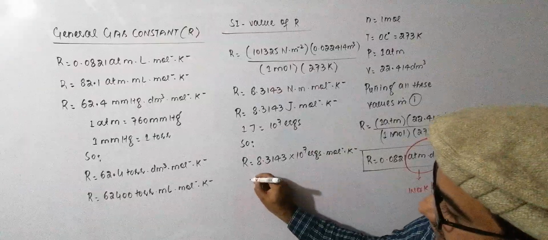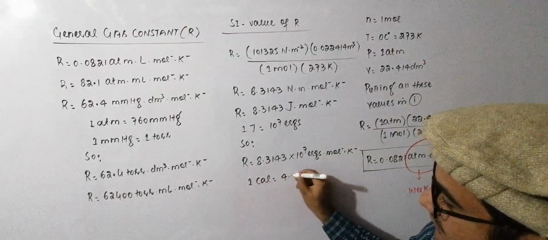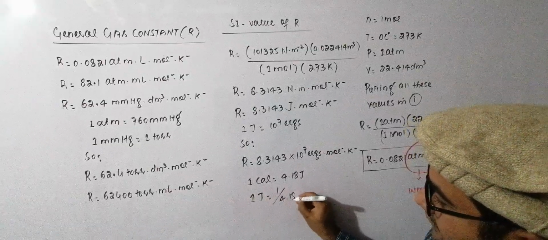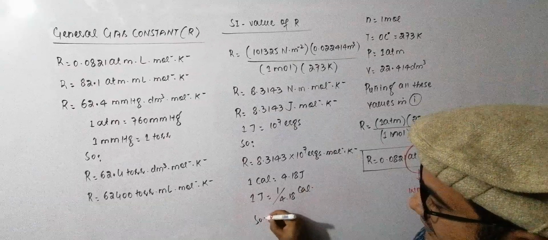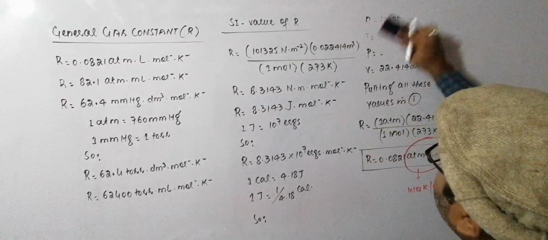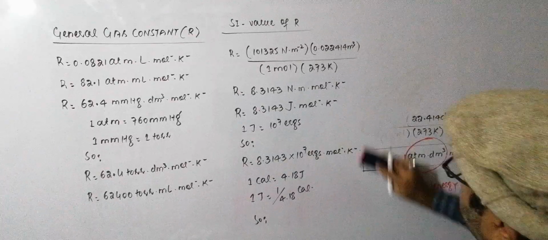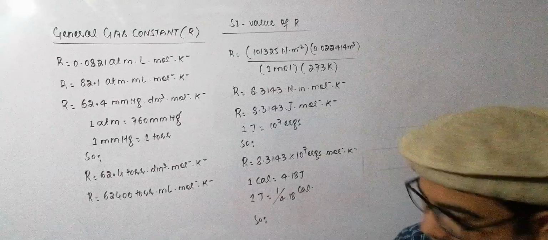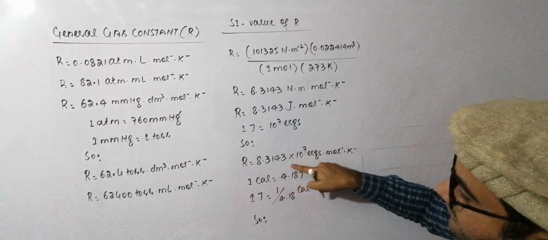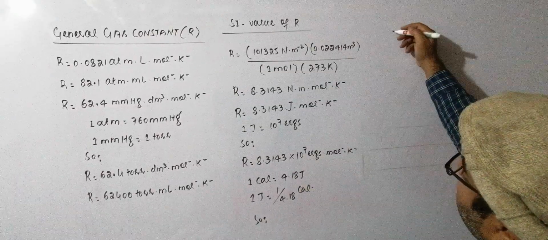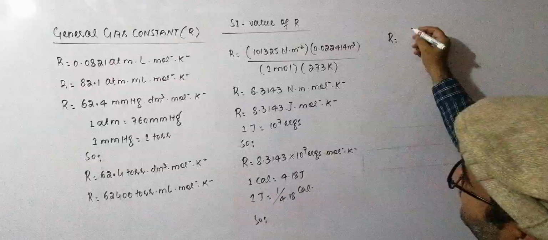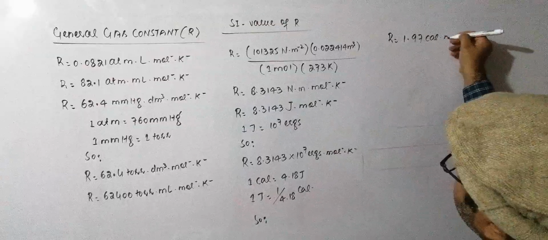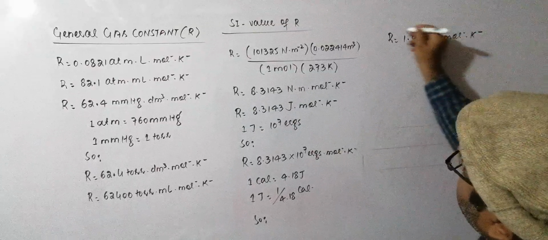And we know that 1 calorie is equal to 4.18 joule, while 1 joule is equal to 1 divided by 4.18 calories. So in order to convert this value to calories, you have to divide it by 4.18 or multiply it by 1 by 4.18. So R comes out to be almost 1.97 calories per mole per Kelvin.